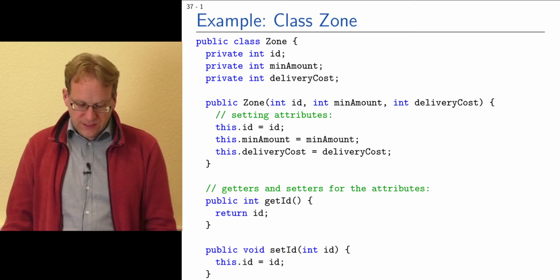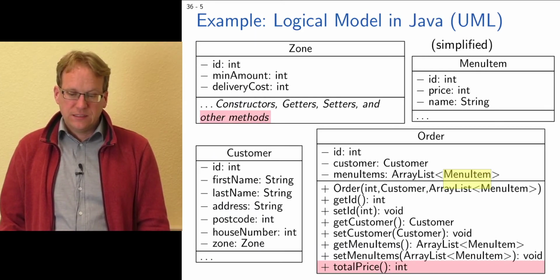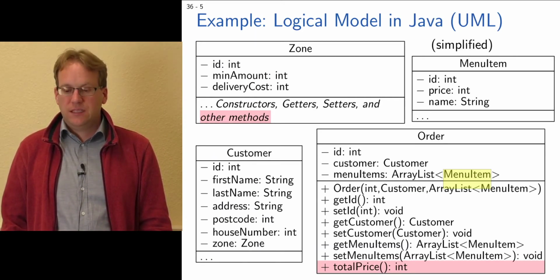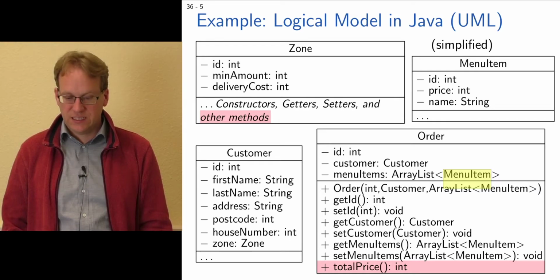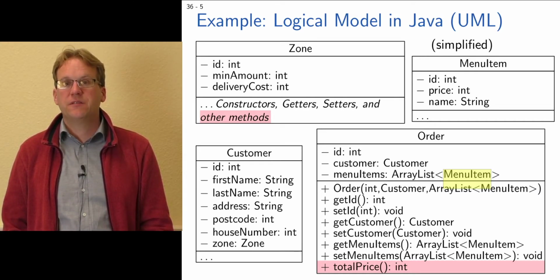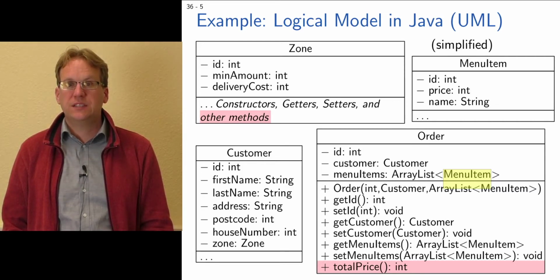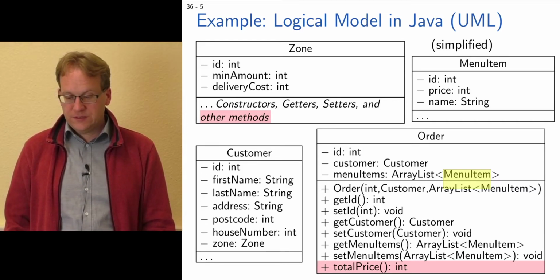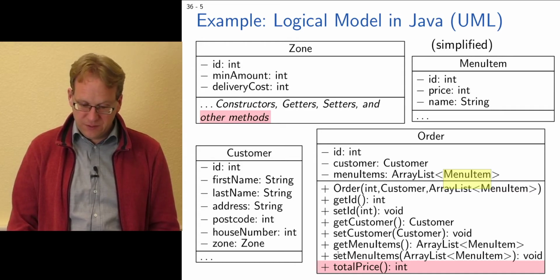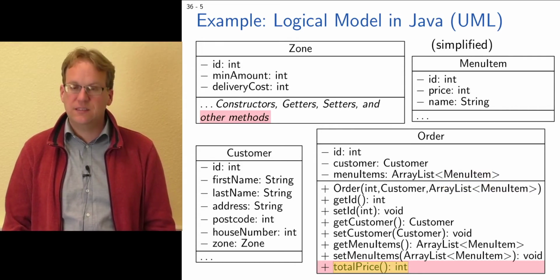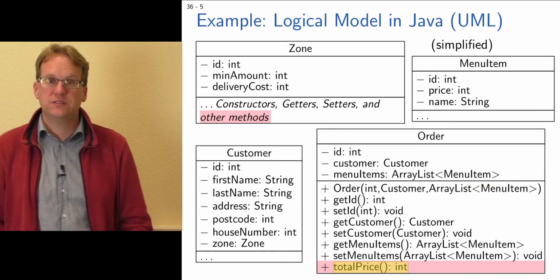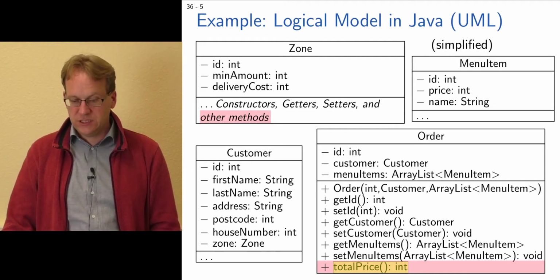So this UML diagram shows our model in Java. Actually there are some tools which can even create the Java program automatically from such a UML diagram. Of course, such a thing would not be able to implement a method like total price. There we need to specify our own implementation.